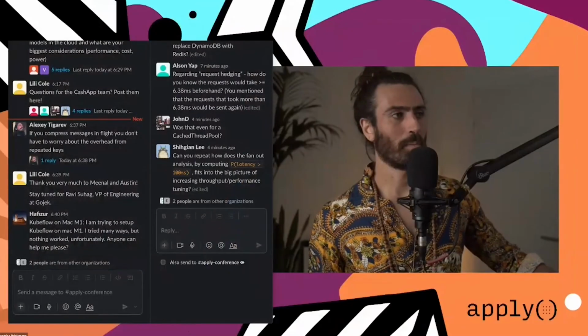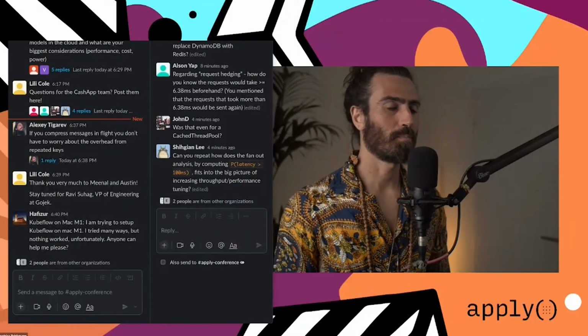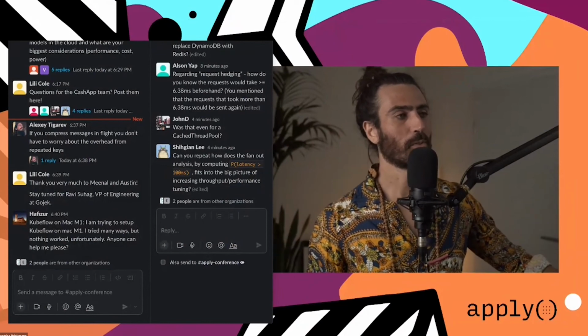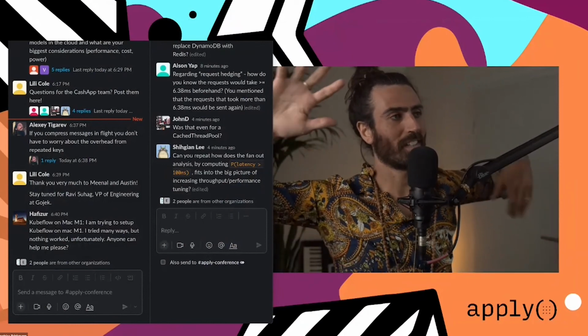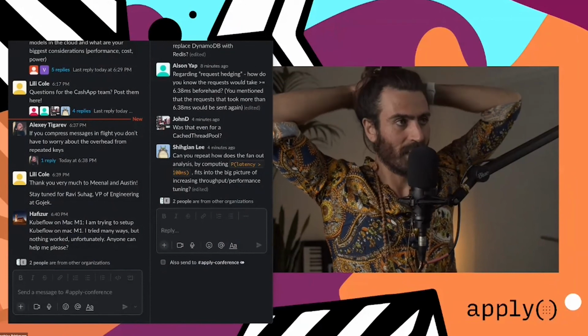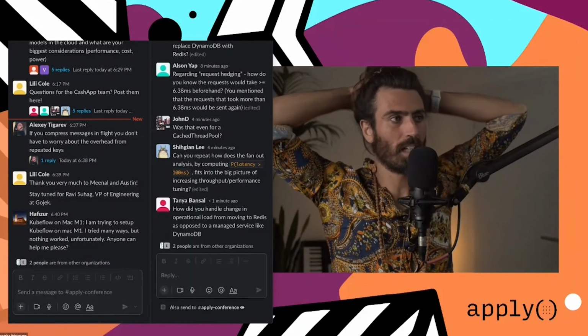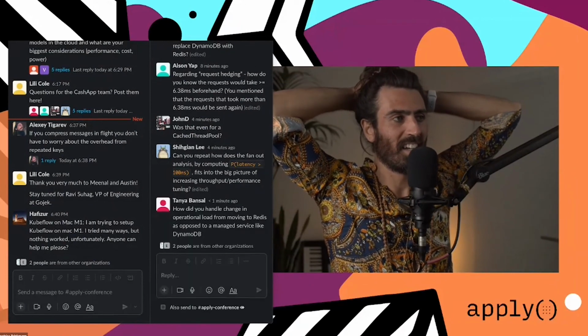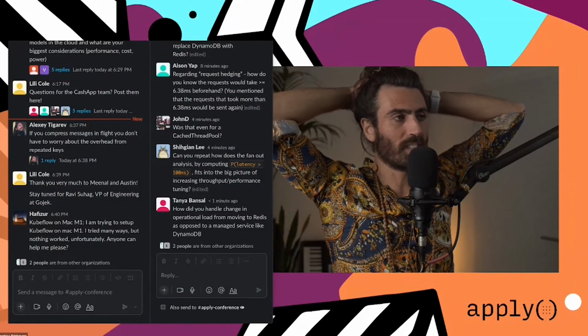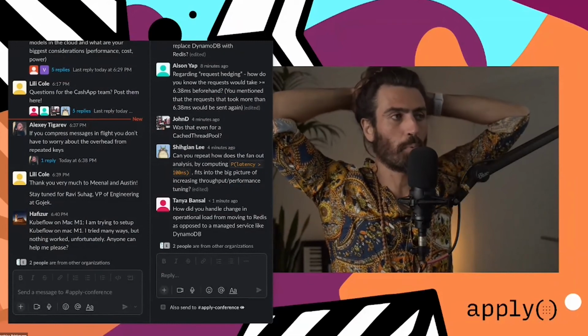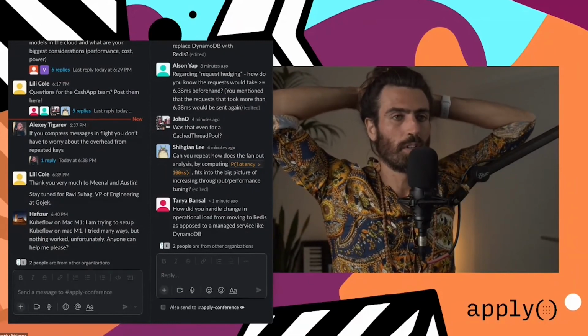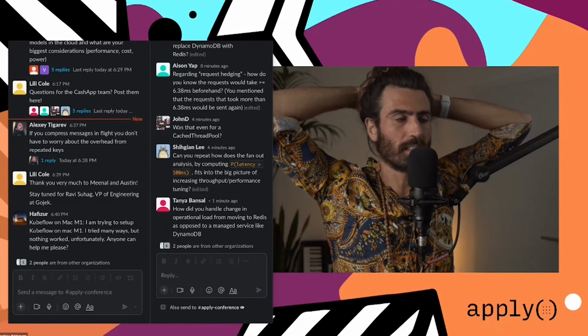I see. So another one coming through. Not sure if people can read that. It might be a little small, but if you've got a big monitor, you can join along with us. Was that even for a cache thread pool? Can you see what that says?